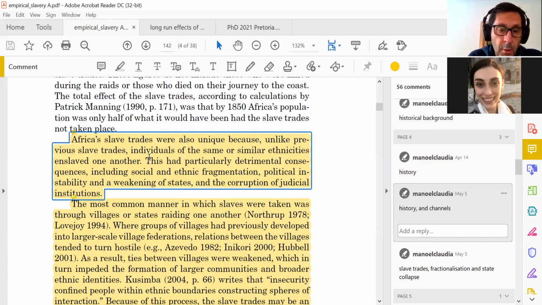Political instability, because it was going to be very difficult to have a credible, trustworthy state with different ethnicities under the same umbrella. And obviously, weakening of states and the corruption of judicial institutions. So it had an effect.